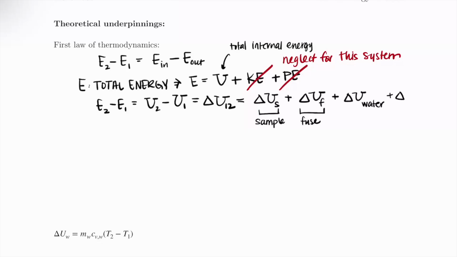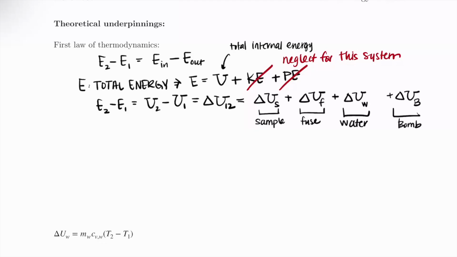And then we have the change in energy of the bomb. And I'm actually going to make this subscript just W, but this is the water. Does that make sense? Okay.